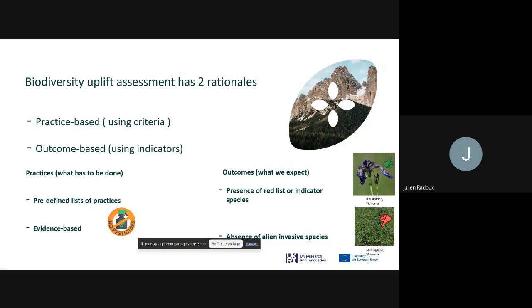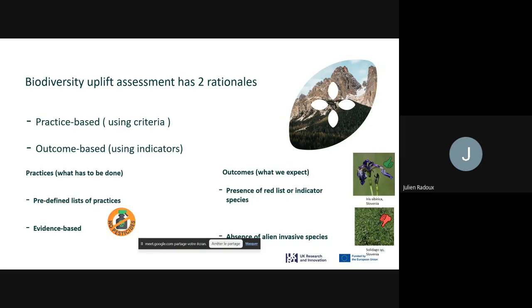But in any case, we know that if you have very rich biodiversity and an absence of invasive species in your place, it must be that you are doing things correctly. So the outcomes are a way to show that you've been doing great work.